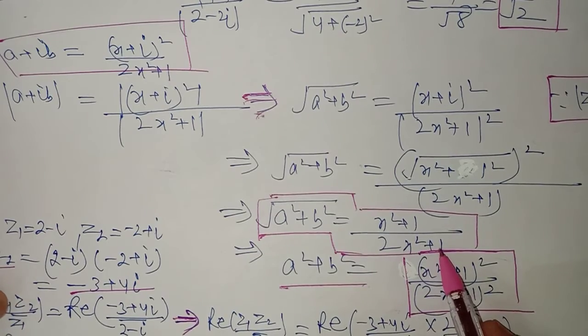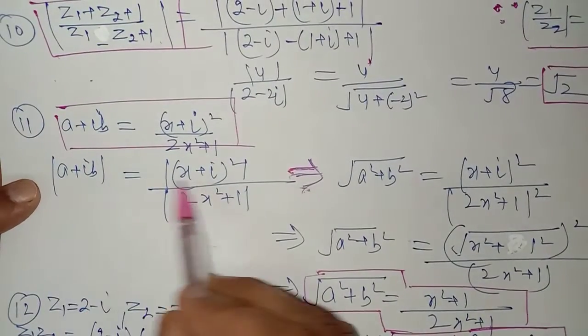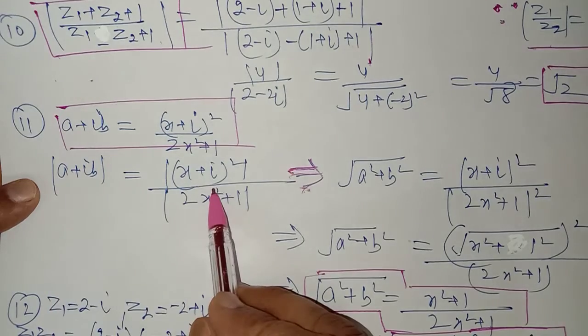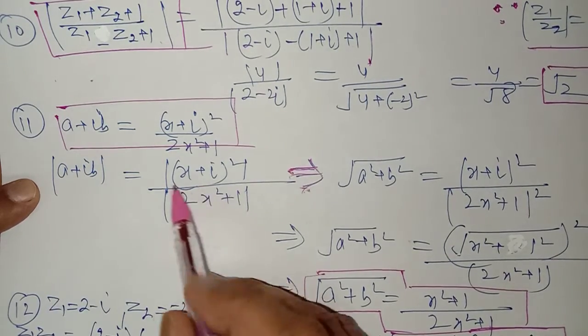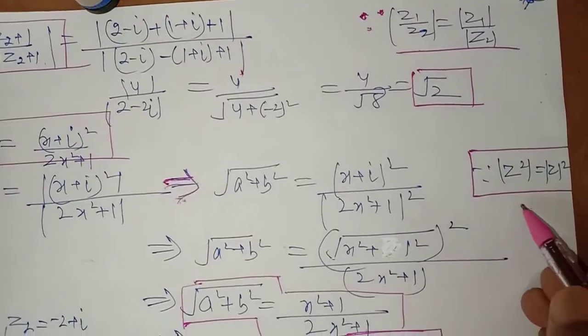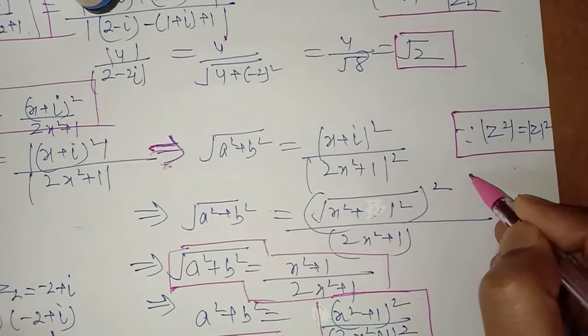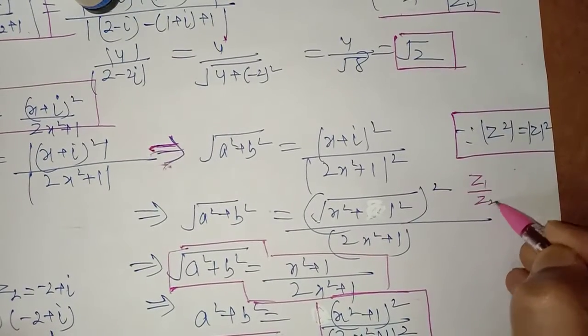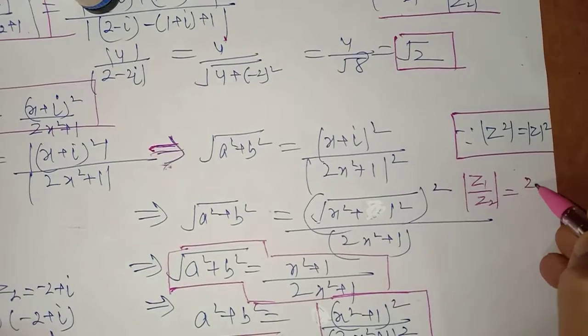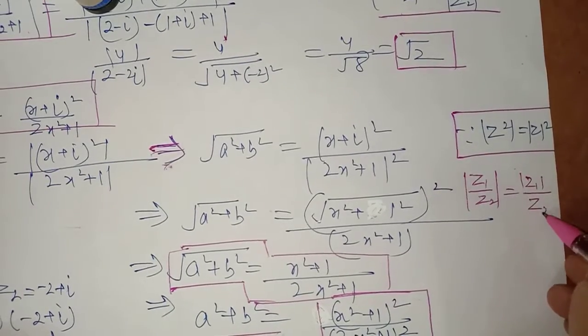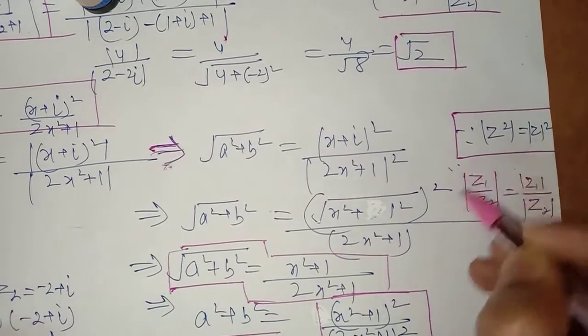Now taking modulus on both sides, we know that modulus of z1 upon z2 is equal to modulus of z1 upon modulus of z2. So we use this.